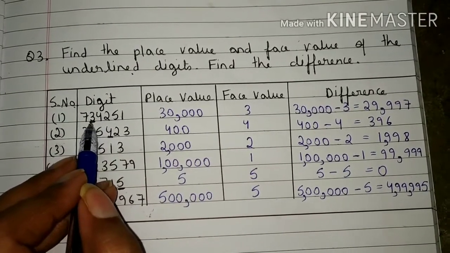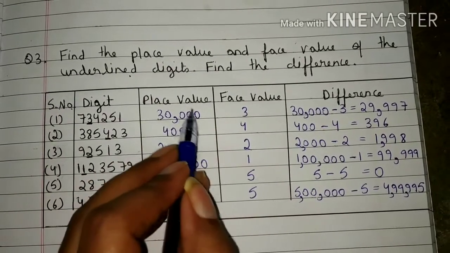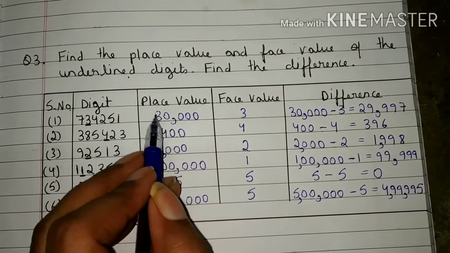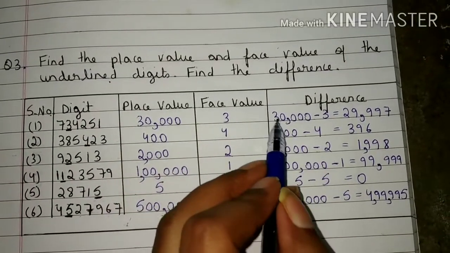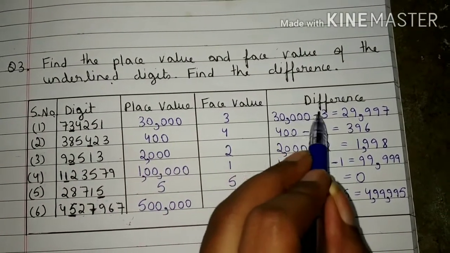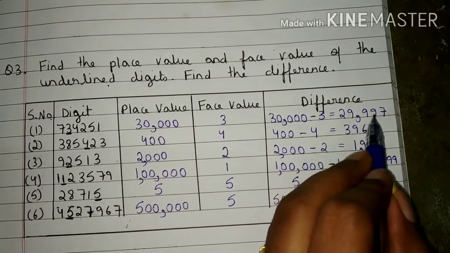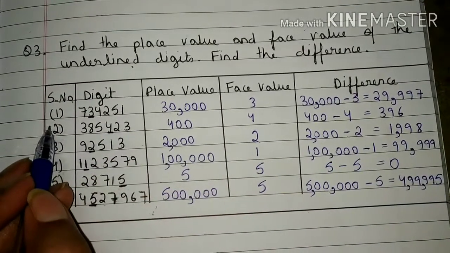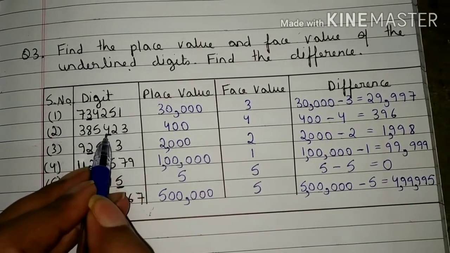So place value of 3 is 3 into 10,000 is 30,000. Place value of 3 is 30,000. Face value of 3 is 3. Difference is 30,000 minus 3 is 29,997.